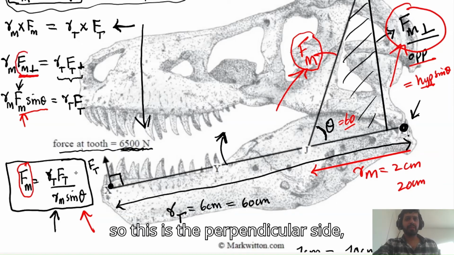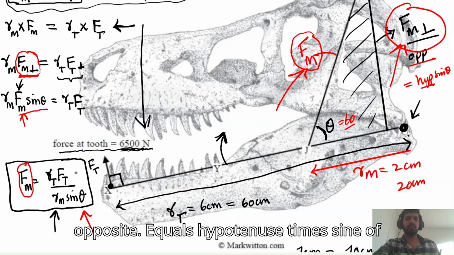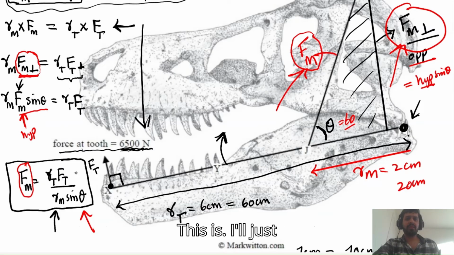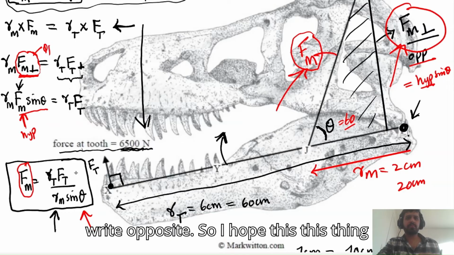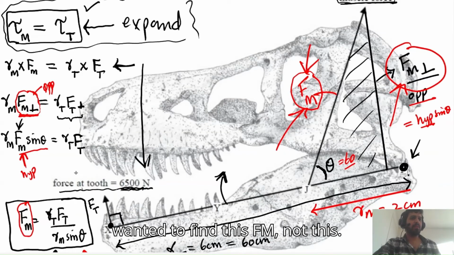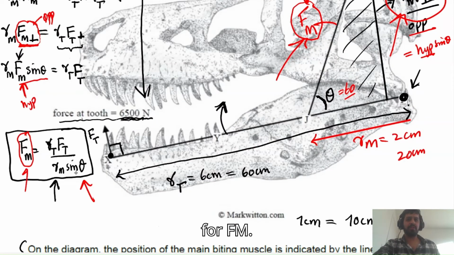So this is the perpendicular side, but by definition, opposite equals hypotenuse times sine of theta. So this Fm is the hypotenuse. This is, I'll just write opposite. So I hope this is clear. We wanted to find this Fm, not this. That's why we rearranged this equation for Fm.